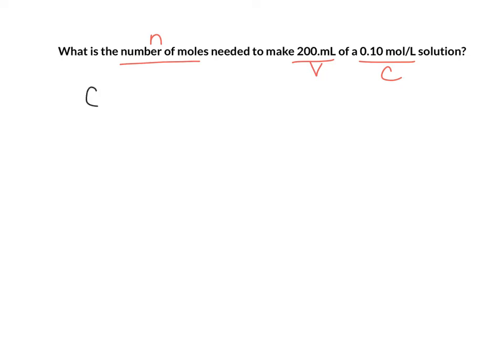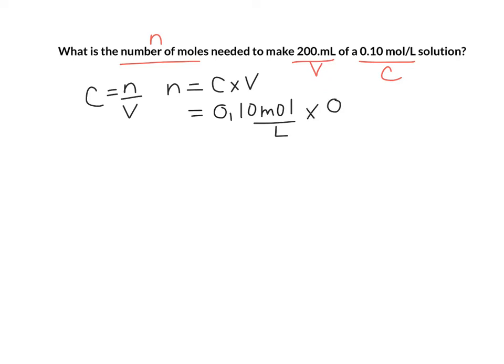If concentration is equal to moles divided by volume, moles is concentration times volume. 0.10 moles per liter. Take 200 divided by 1,000, and we've got 0.200 liters. So we need 0.020 moles.